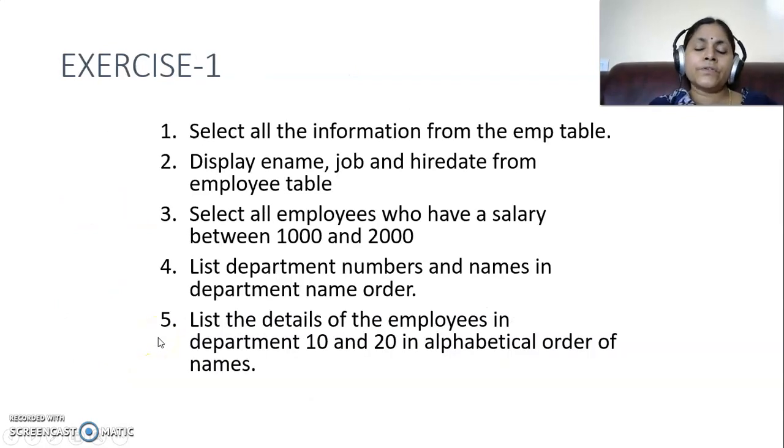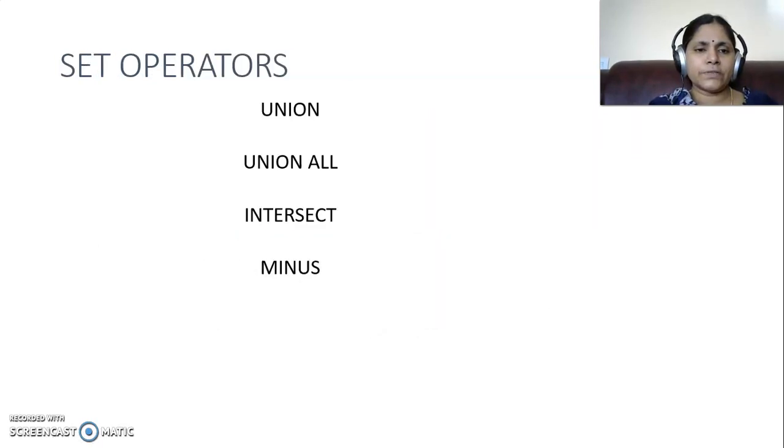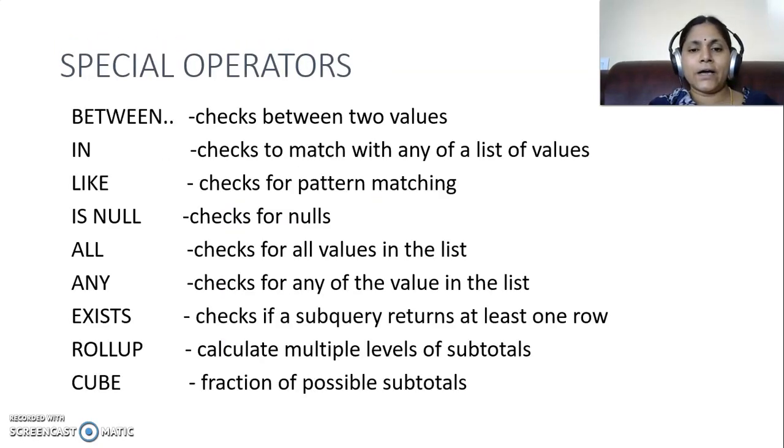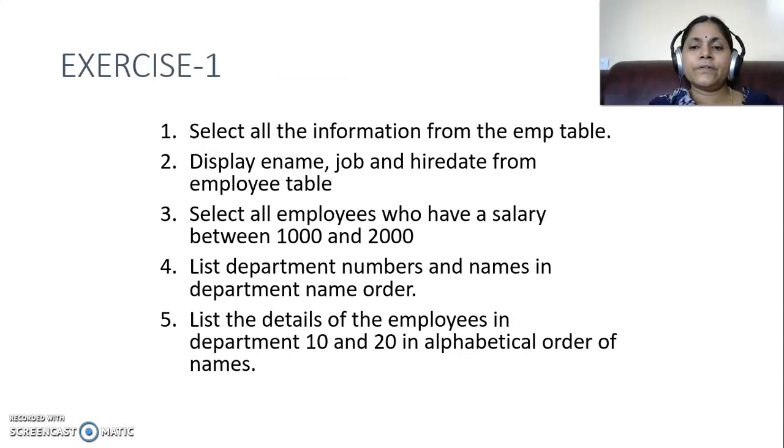Now I will be explaining where we will use these operators. For example, select all the information from the employee table. Which operator should I use? I will be using select star from EMP, if the EMP table is available in the database.